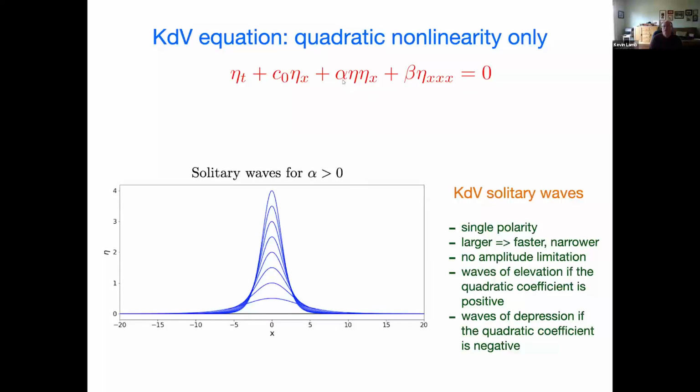There are waves of elevation if alpha is positive, there are waves of depression if alpha is negative, and that's the only choice. The larger the wave, the faster it propagates and the narrower it is. There's no amplitude limitation, although of course physically, if you've got internal waves in a fluid that's 100 meters deep, well, you can't have waves that are more than 100 meters in amplitude.